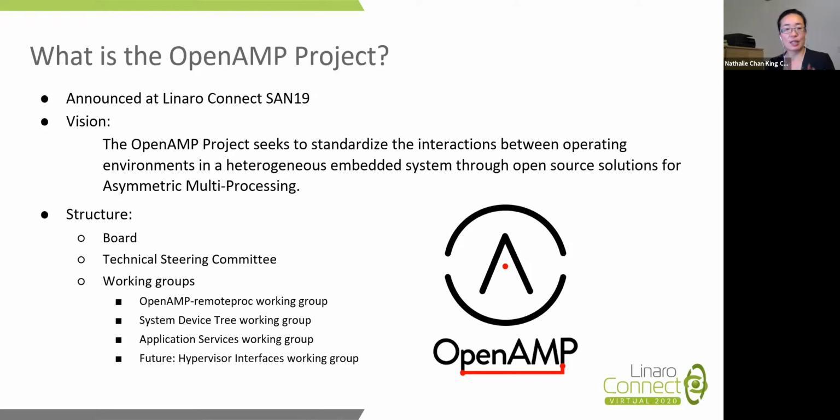This vision statement briefly summarizes what we're trying to achieve in terms of standardizing the interactions between the operating environments in a heterogeneous embedded system. The project itself, we've now got a board and a technical steering committee. We've got multiple working groups going, as Thomas mentioned, and we have a logo now.